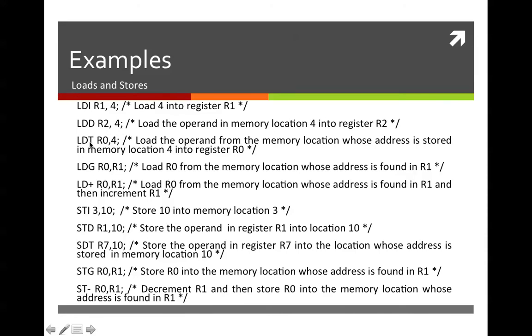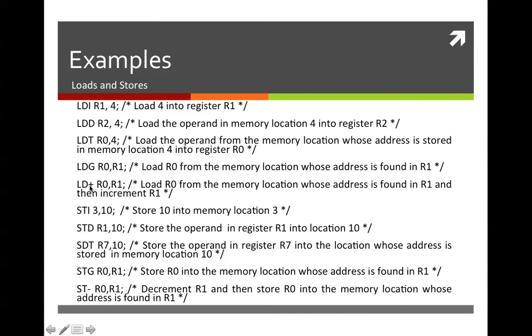An indirect load would actually go to location 4 to fetch an address, which will then be used to fetch an operand, and then that will be moved into R0. If it's LDG, that is a register load, then R1 will actually hold the address of the operand that will be moved into R0.